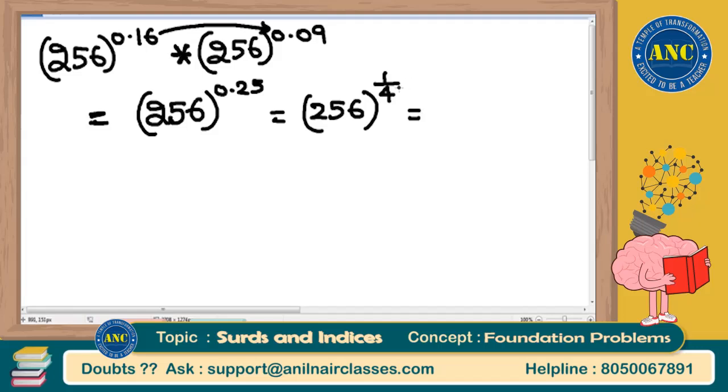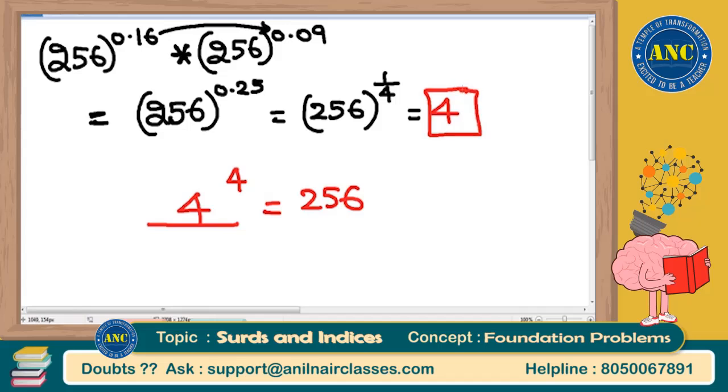So they are asking you the fourth root of 256. What is the fourth root? It means some number which, when I raise it to the power of 4, I get 256. 4 power 4 is 256, so the fourth root of 256 is equal to 4.